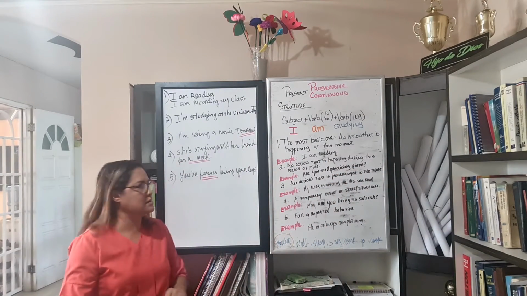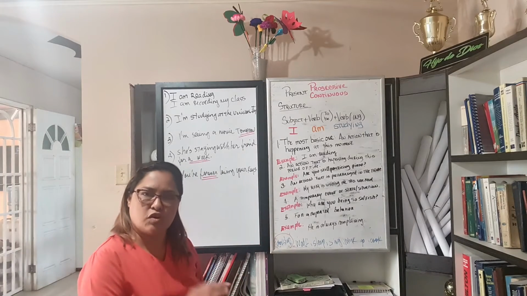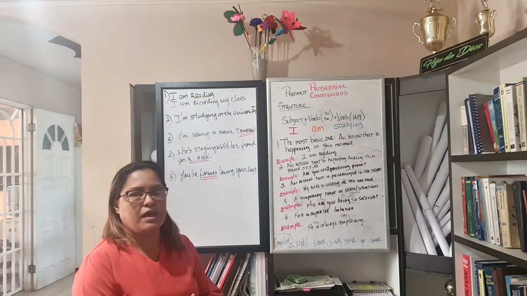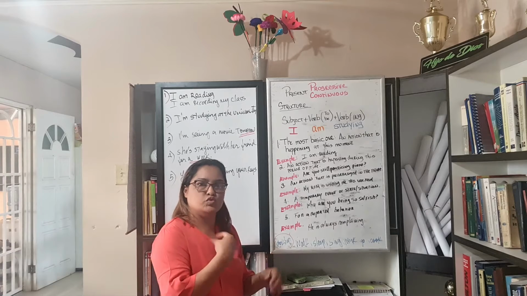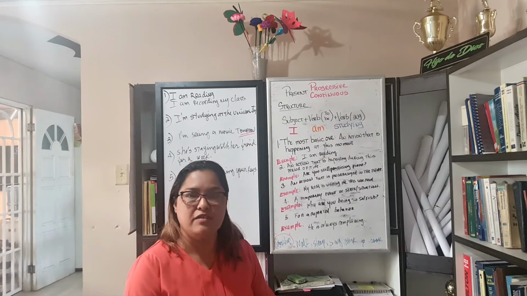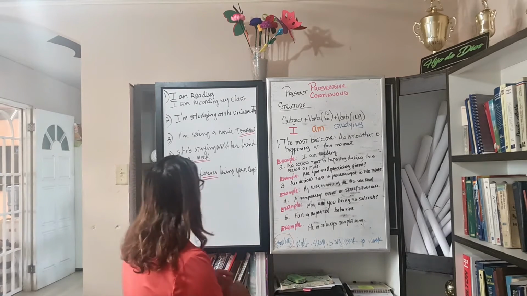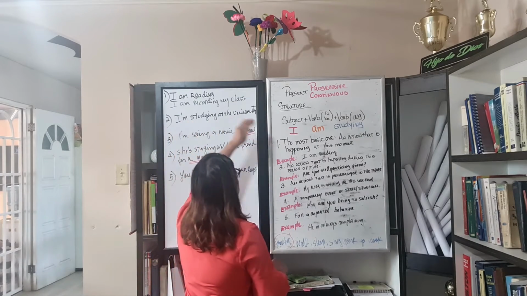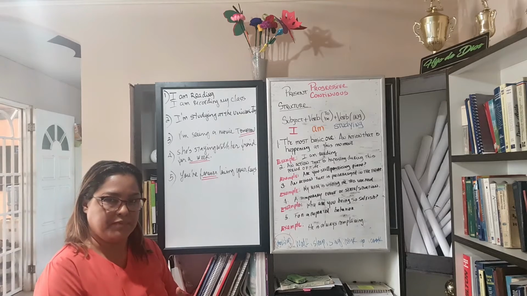This is my example for rule number 2. You are not practicing piano at the moment, but practicing piano is something you do or have been doing in your life for a while. So, for example, I'm studying at the university. This is another example.